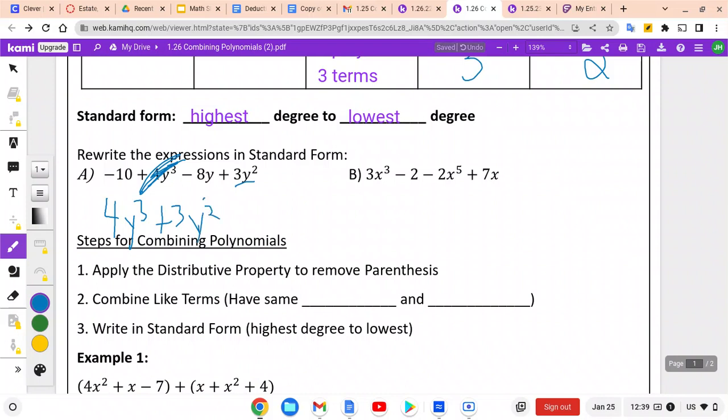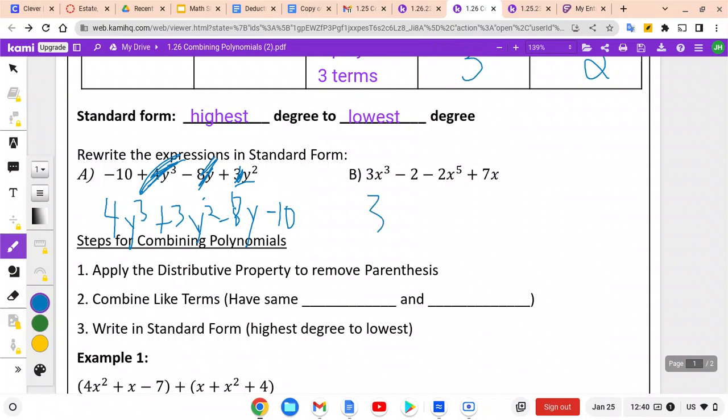And then there's a minus 8y. And then you have the minus 10. So 4y cubed plus 3y squared minus 8y minus 10. It is now in standard form.